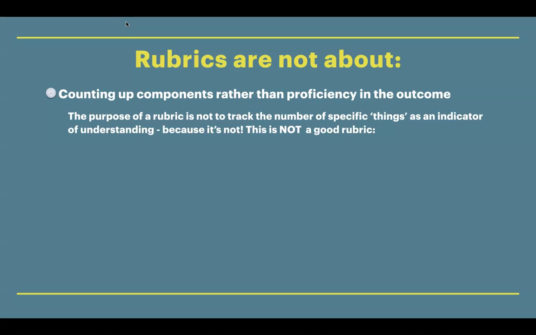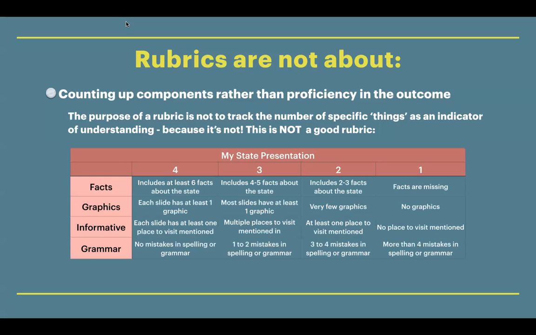The purpose of a rubric is not to track the number of specific things inside of a paper, poster, presentation, whatever the project might be. Okay? That does not demonstrate understanding on your students' parts. And so this is not a good rubric.